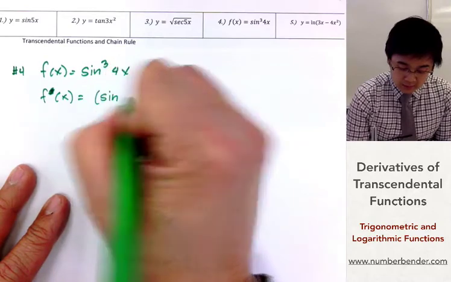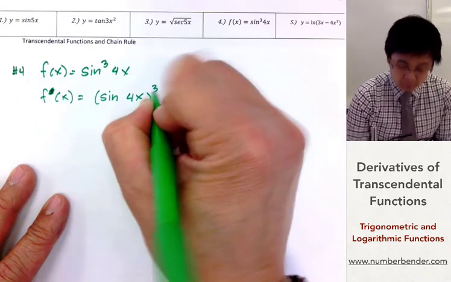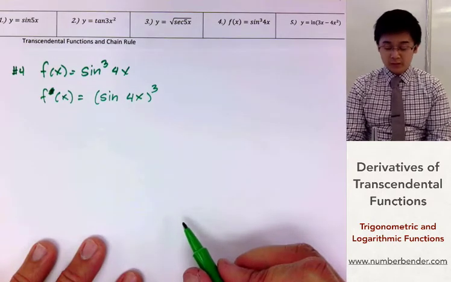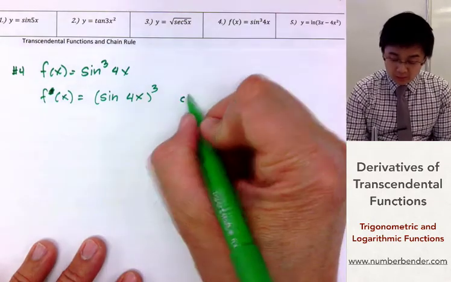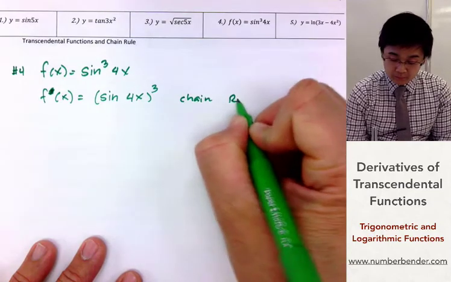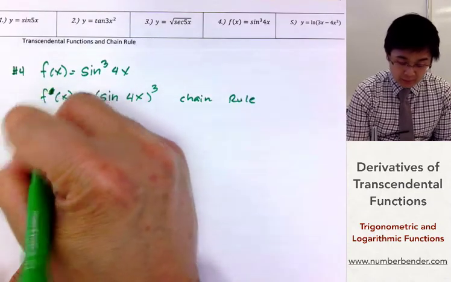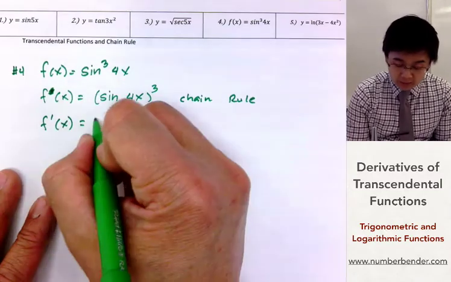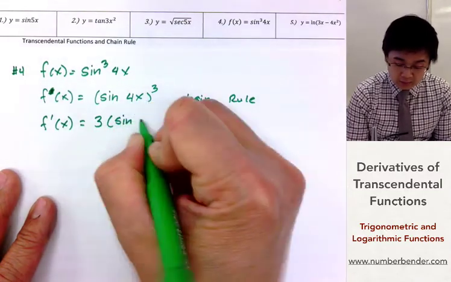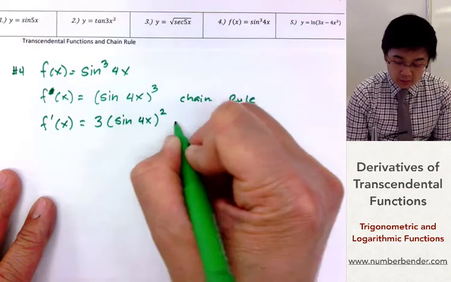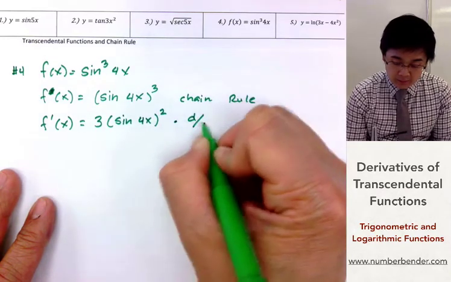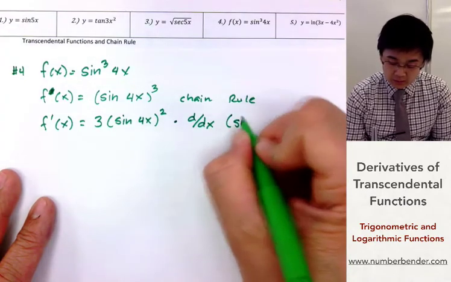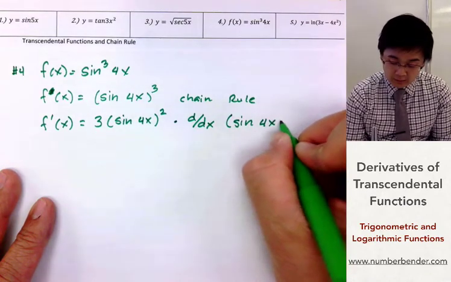This is the modified version of our trig function, where we are going to be using the chain rule for our derivative. So f prime of x is 3 times sine 4x squared multiplied by the derivative of the inside, which is sine 4x.